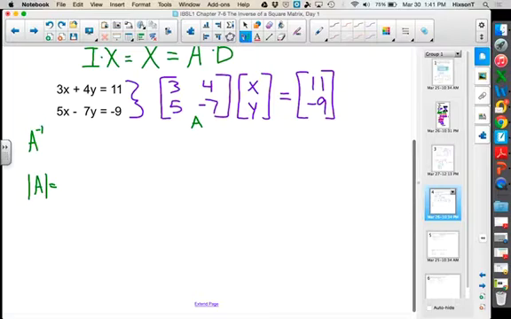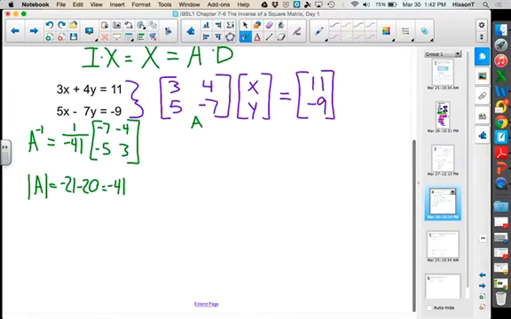Negative 21 minus 20, negative 41. So my inverse is 1 over negative 41 times negative 7, negative 4, negative 5, 3.